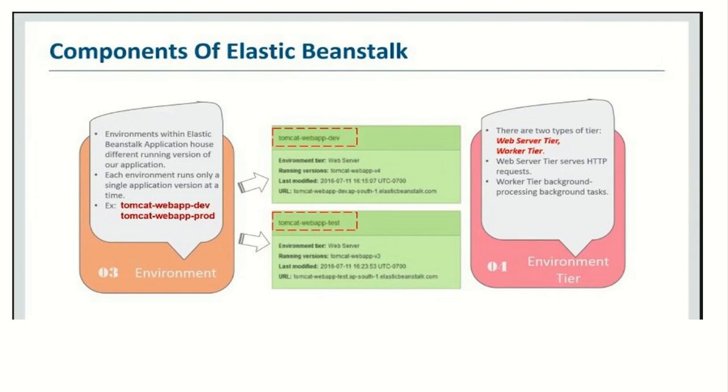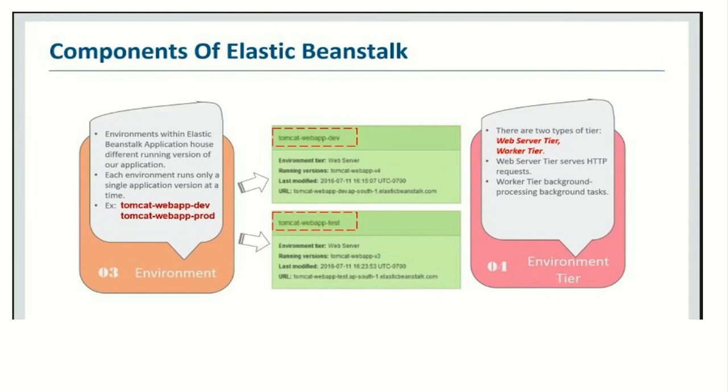The point which we have to remember is that at a single point of time, an environment can run only a single version of our application, but Elastic Beanstalk will provide us with an option where we can create multiple environments for a single application.